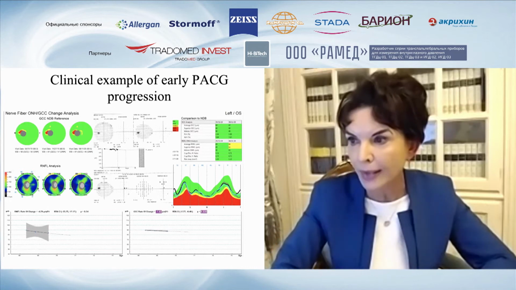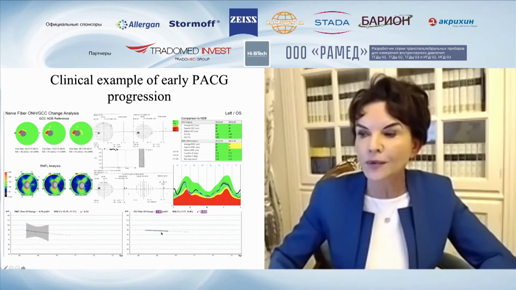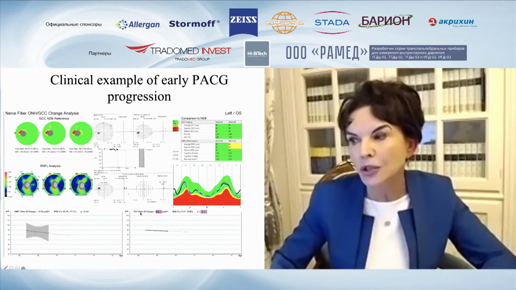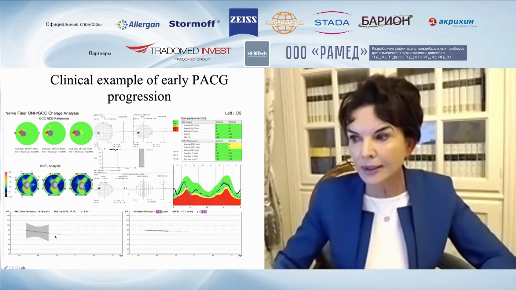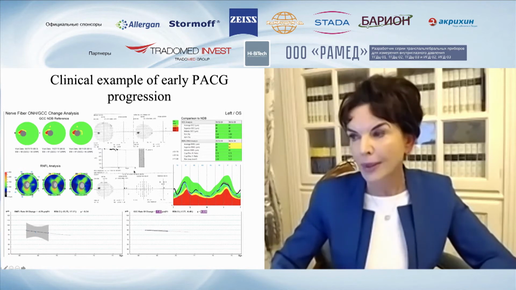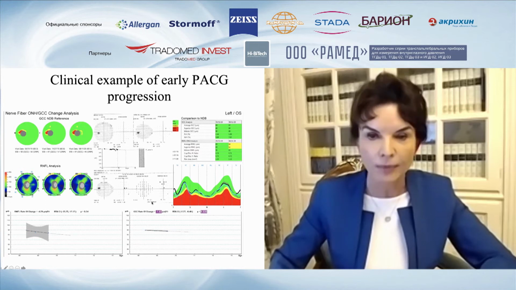As you can see in this clinical example, with the early stage of the disease, we may reveal the significant change, thinning of ganglion cell complex, and insignificant change of retinal nerve fibers. By the way, the progression in this case is confirmed by perimeter data.